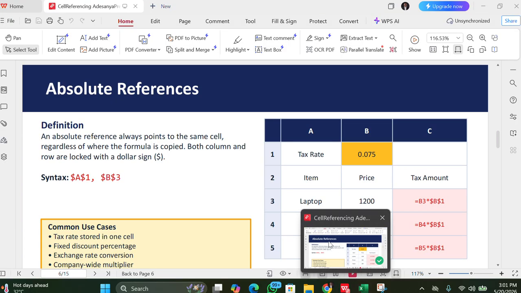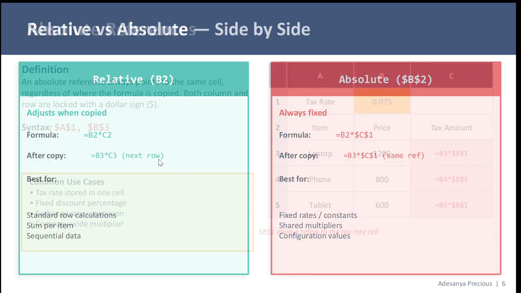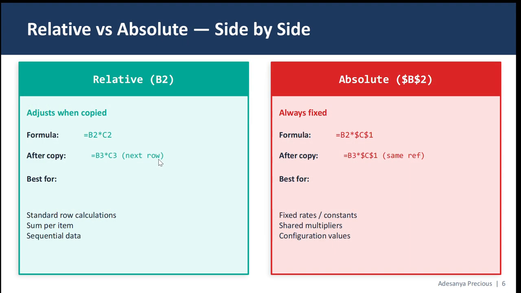So let me go back to what I'm presenting here. I hope you all understand what absolute and relative referencing do, right? Absolute is best for fixed rates, share multipliers, and relative for sequential data.